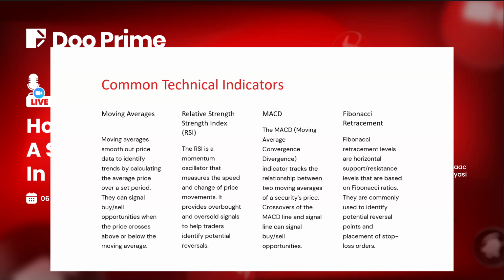We use it to measure the speed, or the momentum in price. Sometimes price will do the opposite while the MACD is doing another thing. And when that happens, that is what we call divergence.